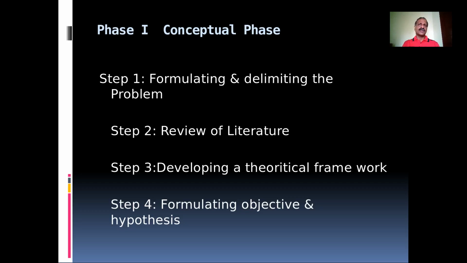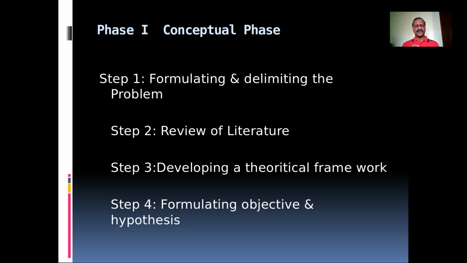For smaller studies like a BSc nursing project, we have only one or a maximum of 2 objectives, whereas in PhD or postdoctoral studies, we have 7 or 9 objectives. As the number of objectives increases, the complexity of the study also increases.